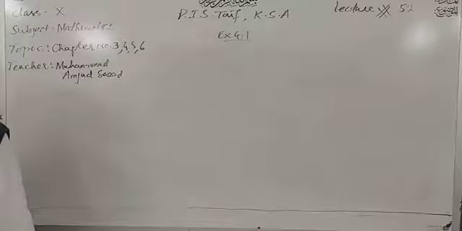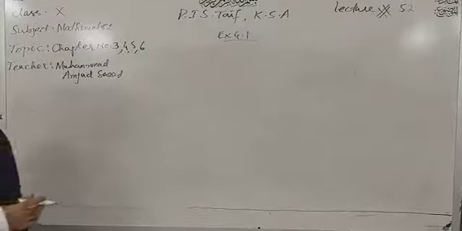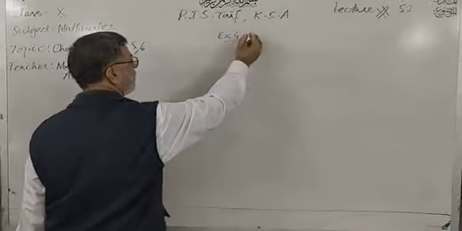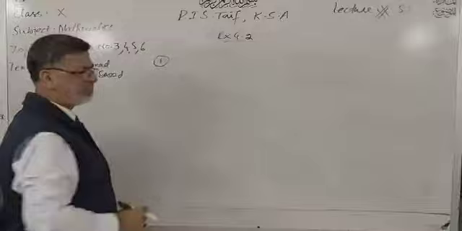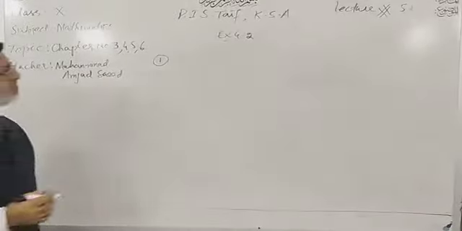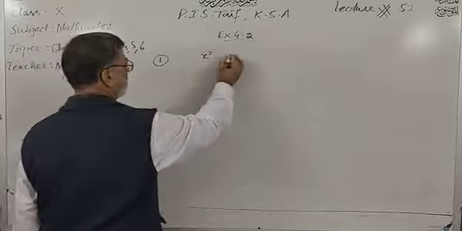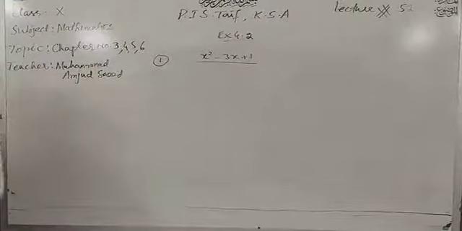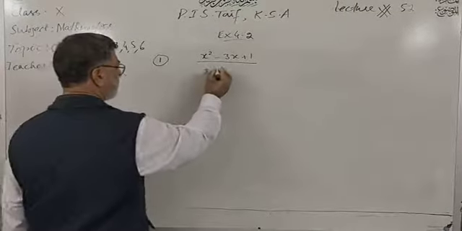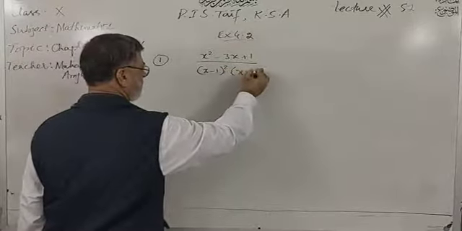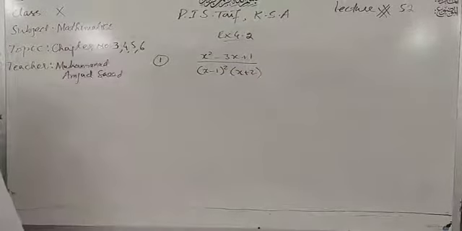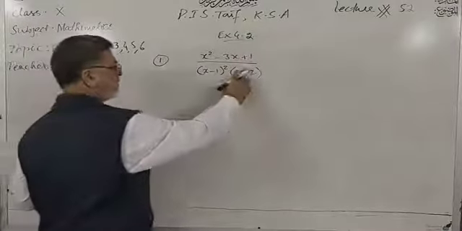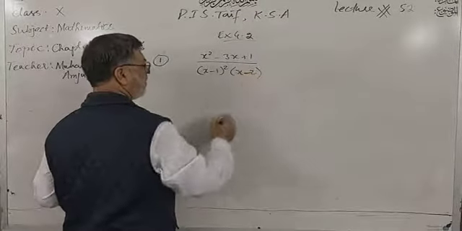Exercise 4.2. Question number 1. X square minus 3x plus 1 over x minus 1 whole square into x minus 2.